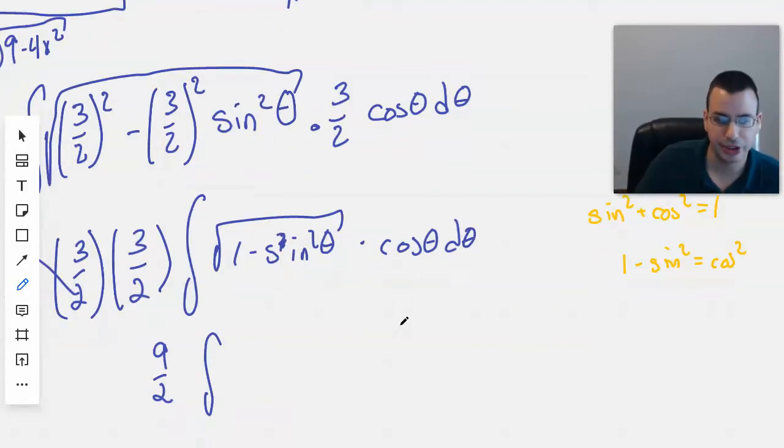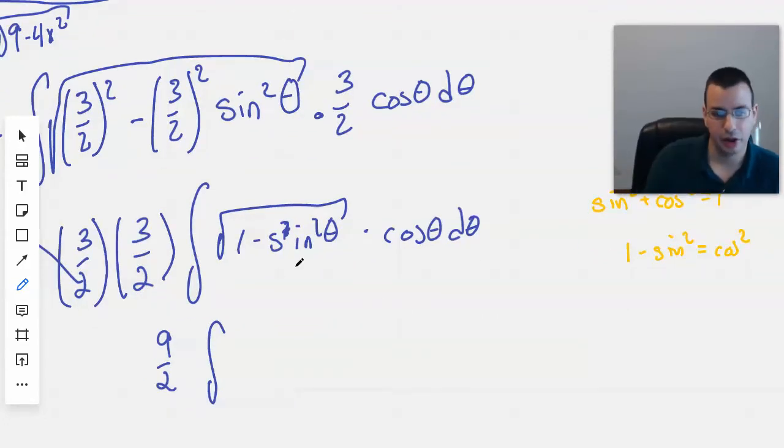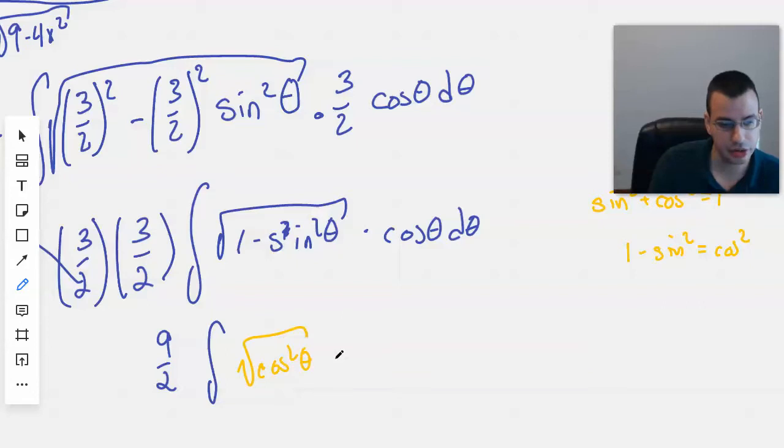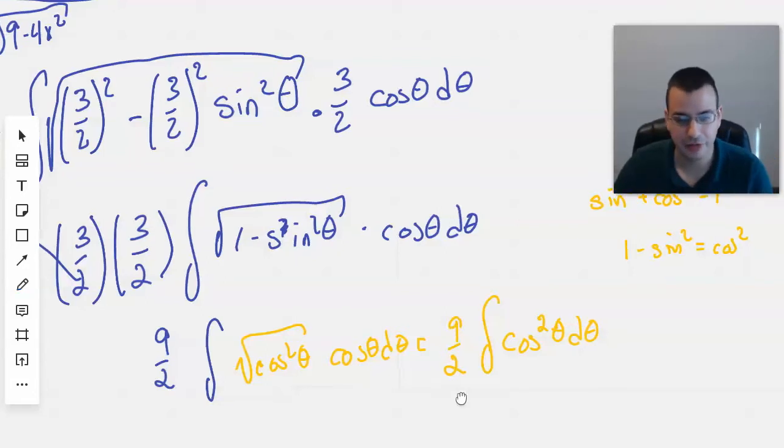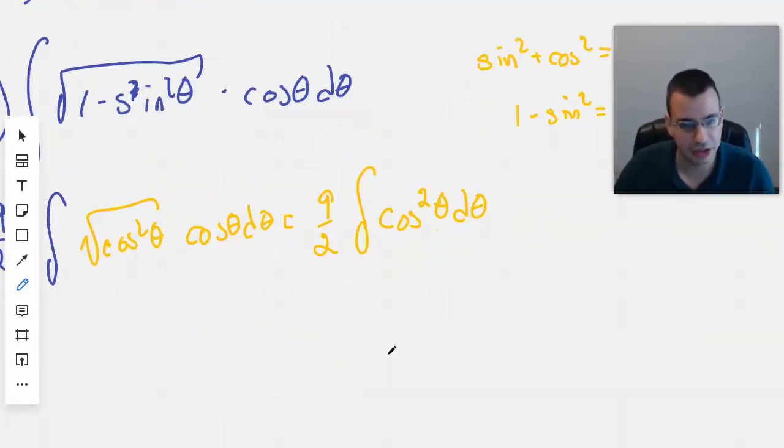So then we're going to have the integral of the square root of cosine squared theta times cosine theta d theta, which equals 9 over 2 integral of cosine squared theta d theta. And we know how to do this from previous lectures.